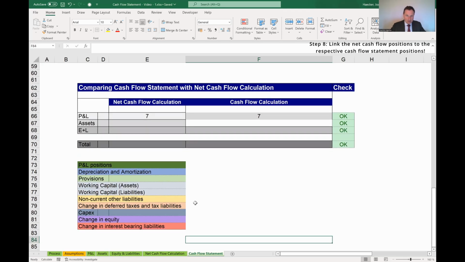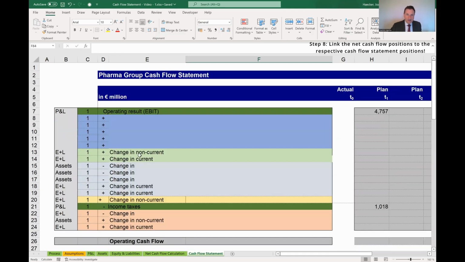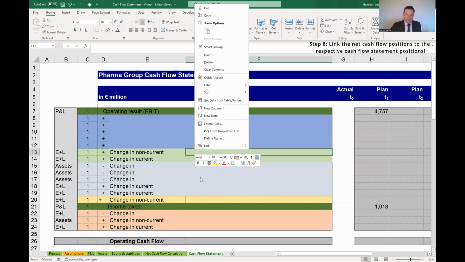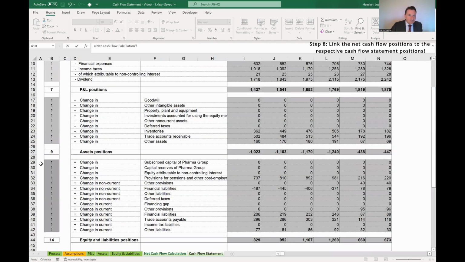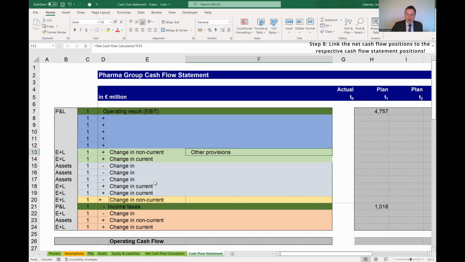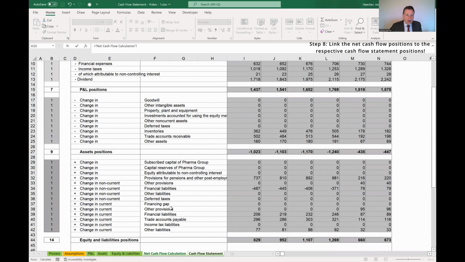add the provisions, because the formula is EBIT plus provisions. So where are the provisions? I have them here. My provisions, I click on here. Change in non-current other provisions. Non-current other provisions are 0.